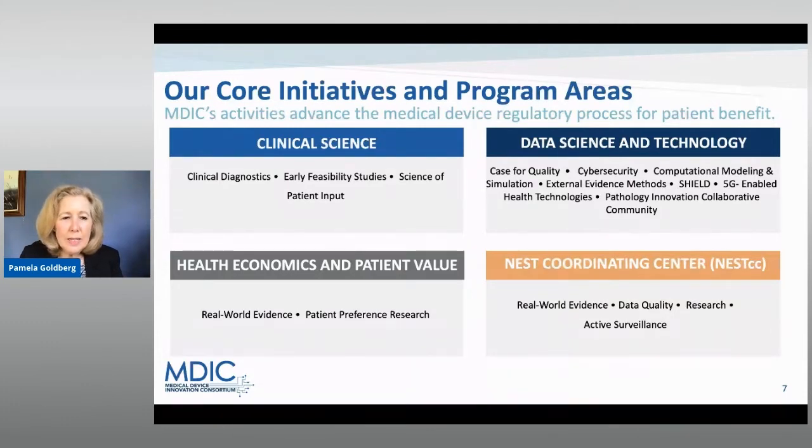The NEST Coordinating Center is now 3 years old, our National Evaluation System for Health Technology Coordinating Center. And the most recent one is our Health Economics and Patient Value, which is why, as the newest initiative, this is our first forum. Next slide.